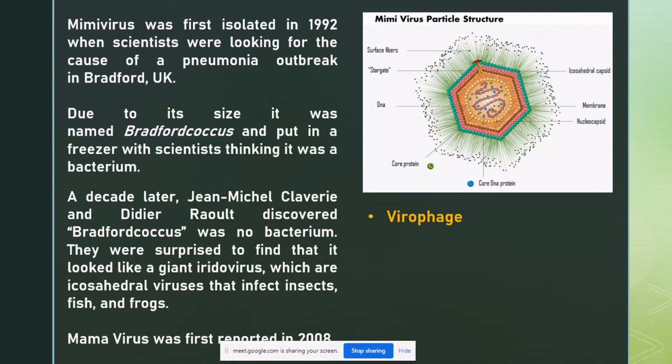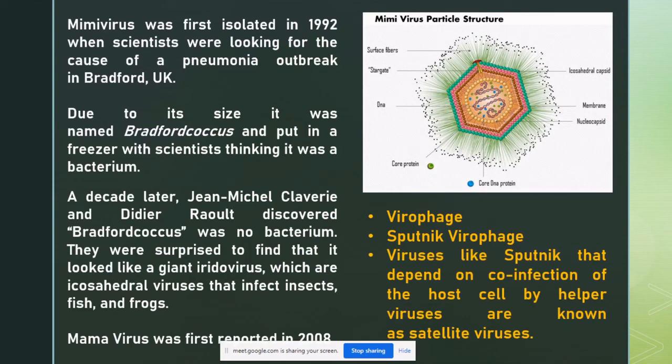Virophage is a very new kind of concept which we have not studied much, and much study is yet to be done in that section. But there is something called the Sputnik virophage. Why we are talking about it is because it requires this Mimi virus particle for co-infection. Viruses like Sputnik that depend on the co-infection of the host cell by helper viruses are known as satellite viruses.